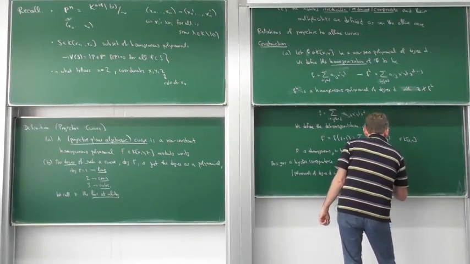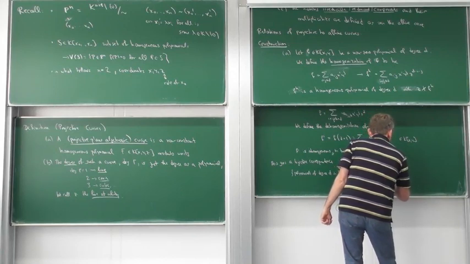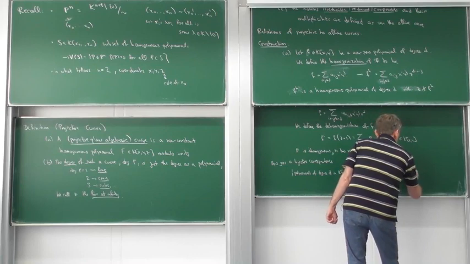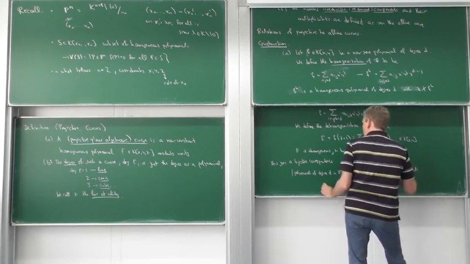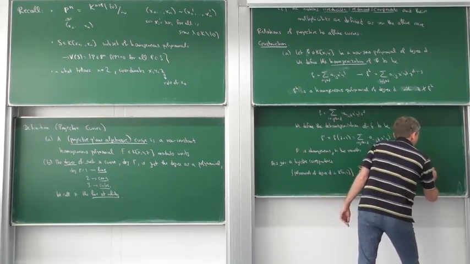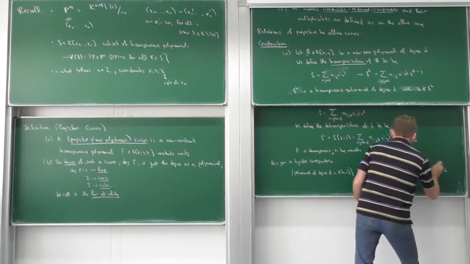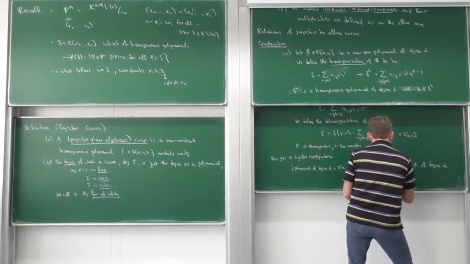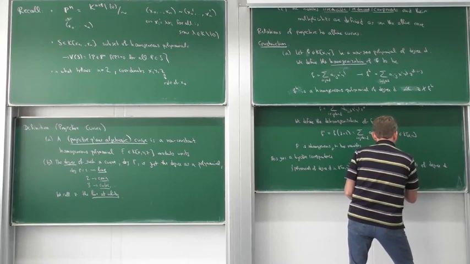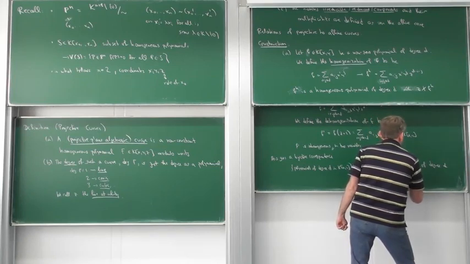On that side we would have homogeneous polynomials of degree d, now in three variables, that don't divide z.